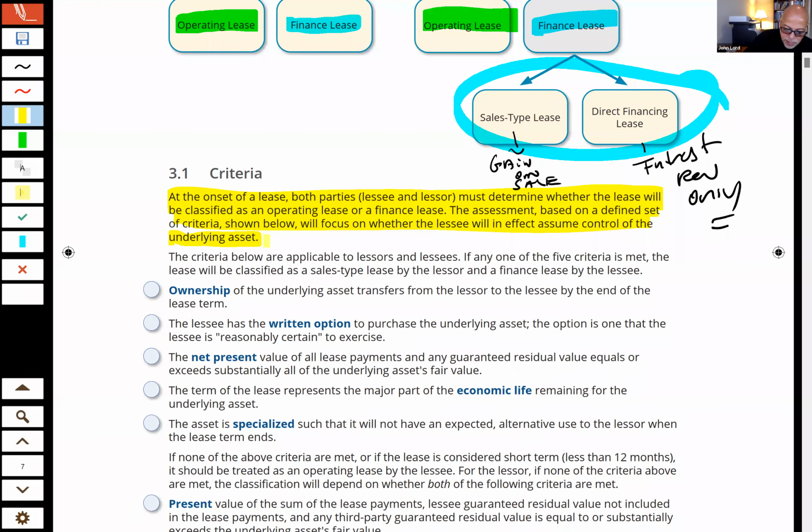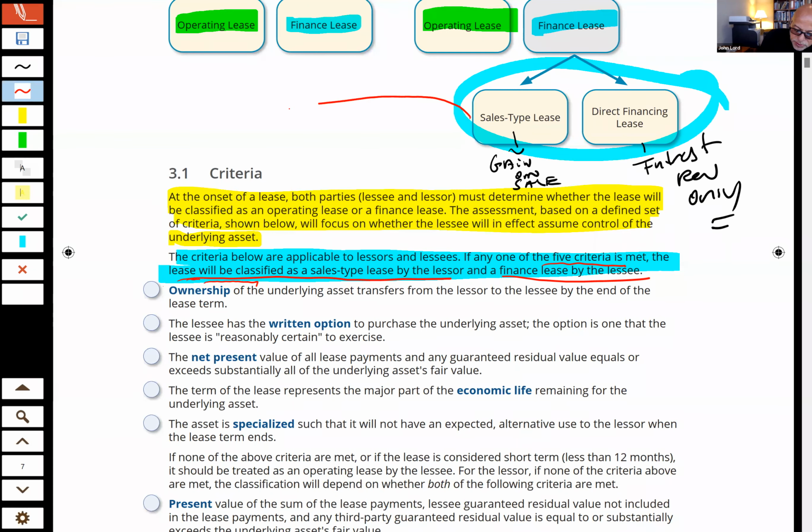And when we look at these criteria, they tell us that if any one of the 5 criteria is met, the lessee will classify it as a finance lease. And the lessor will treat it as a sales type lease, okay?